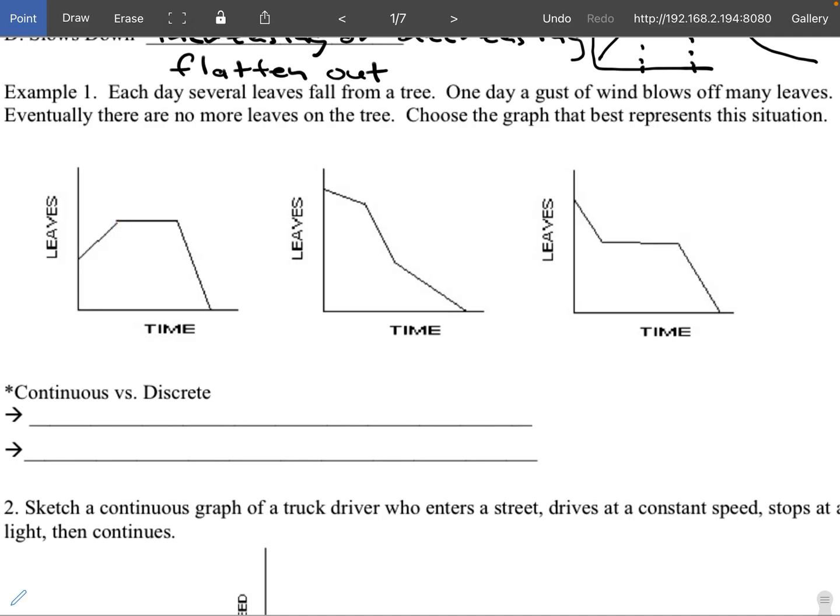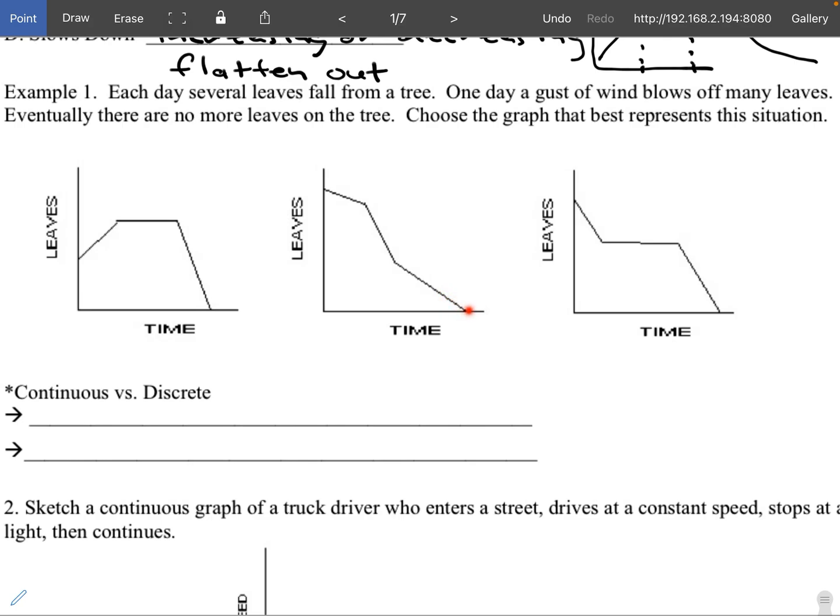So then which graph do you guys think matches? First one, second one, or third one? Yeah, the second one. Good. Yeah, it wouldn't be this one right here, right? This one shows the number of leaves increasing. So it's not that one. And then this one right here shows that the number of leaves is constant, like the number of leaves on the tree does not change. So, yeah, this one is decreasing.